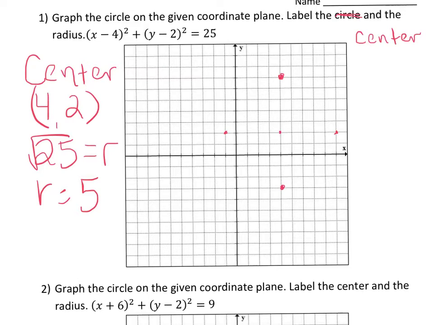And then do your best to make the curves that connect the dots and create the circle. If you want, you can use your compass instead to make it look a little bit better.